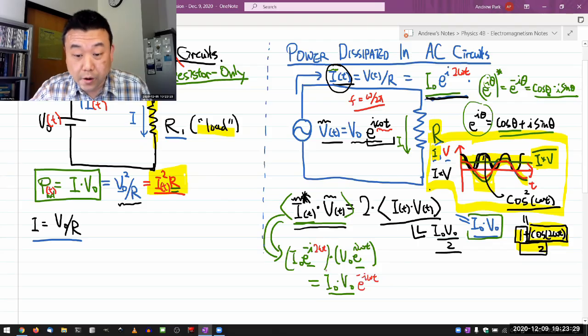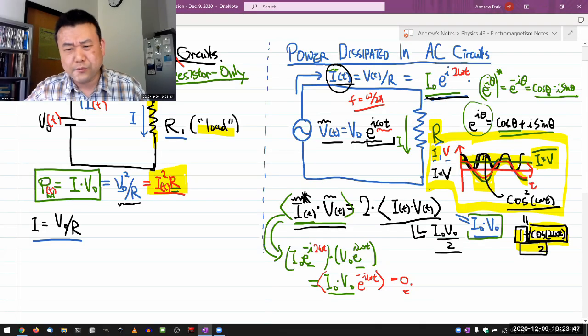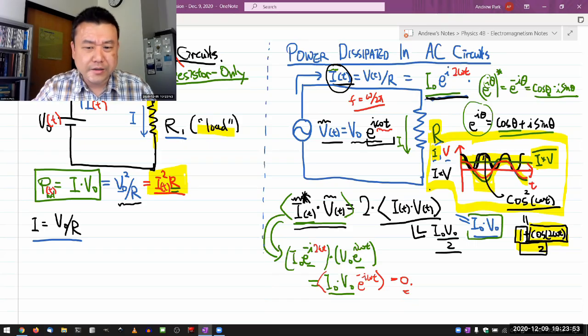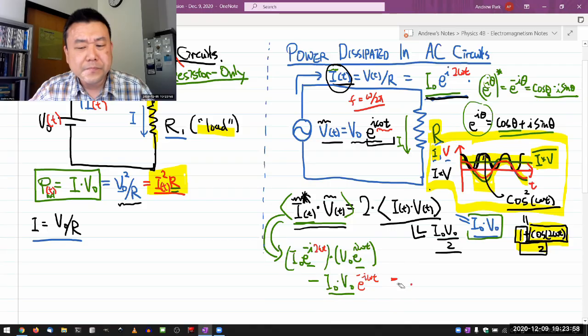And if you were to do a time average, then the time average will actually turn out to be 0. And 0 is actually the physically correct answer. Turns out if this has double the frequency, then some of the time you are dissipating positive power, some of the time you are dissipating negative power, which technically should mean power input, and those average out to 0. But if you don't average, then you have this complex number, and so let me not worry about that.